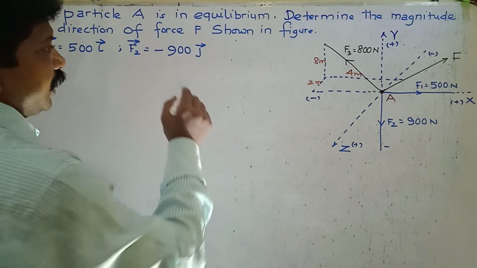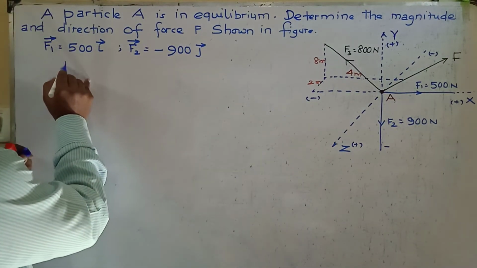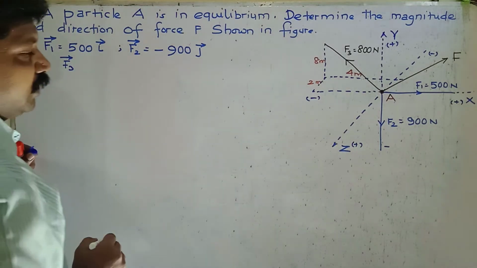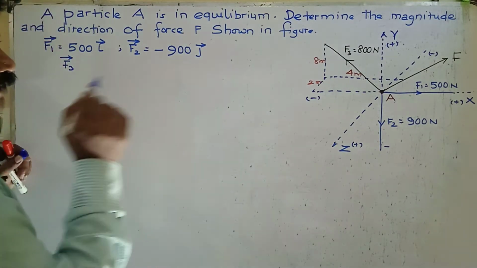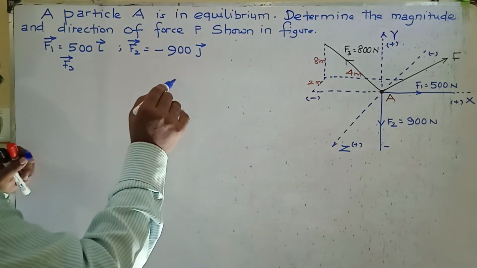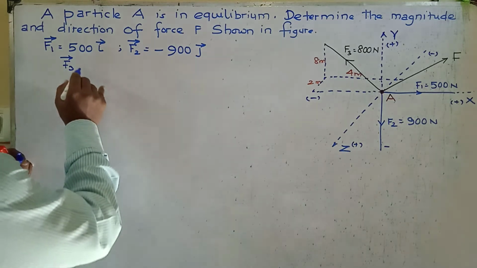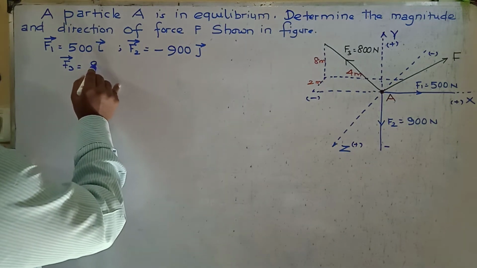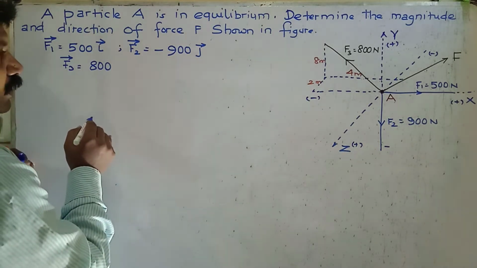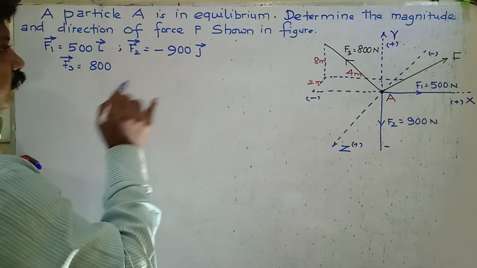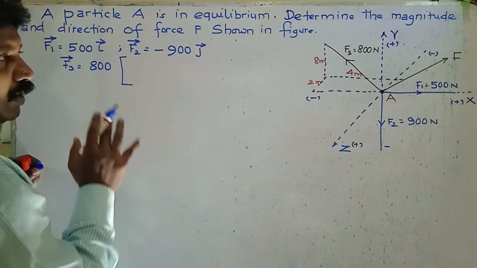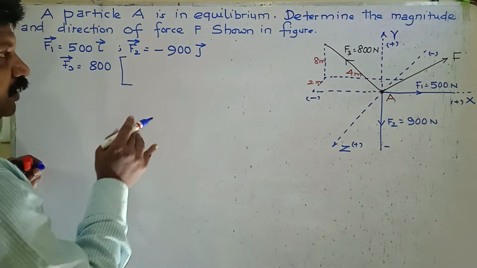And F3 vector. How to find F3 vector? F3 has x direction, y direction and z direction components. So F3 equals 800 times n cap of force F3. How to find n cap? Force vector divided by the magnitude of that vector.